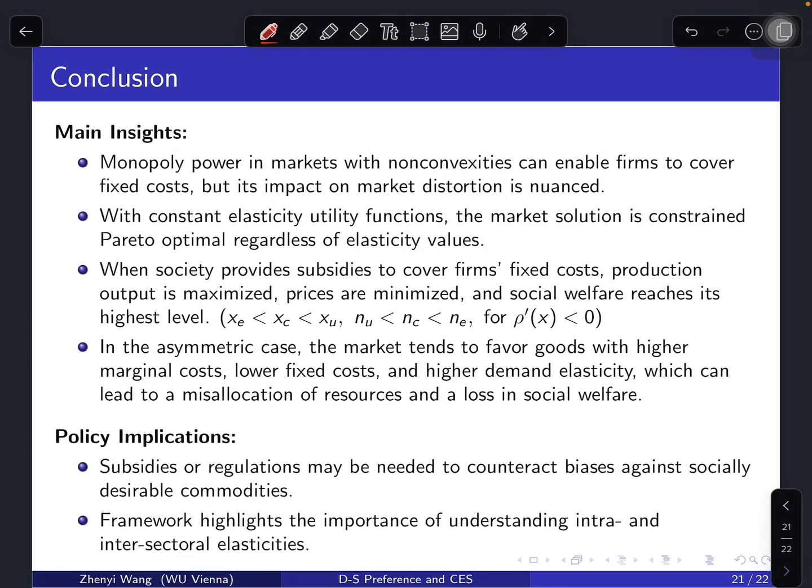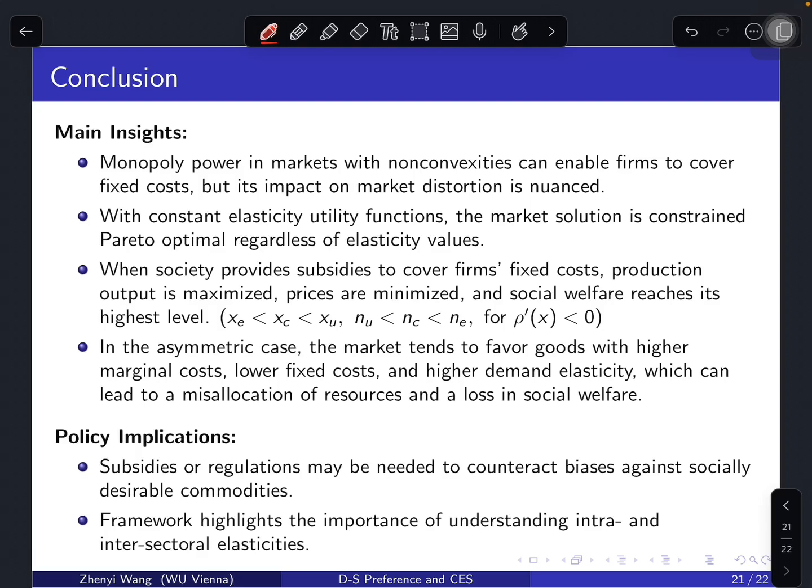So the main insight from the DS 1977 paper is that they find the monopoly power in markets with non-convexities can enable firms to cover fixed costs, but its impact on market distortion is nuanced. And with constant elasticity utility functions, the market solution is constrained Pareto optimal regardless of elasticity values.